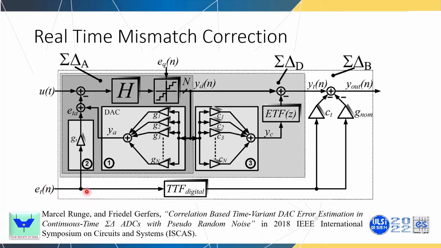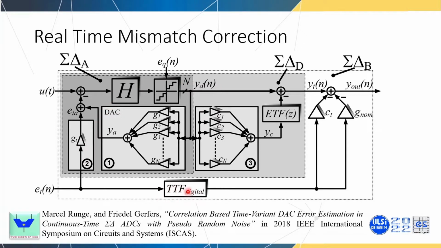be subject to a pseudo random noise that is going to be injected here and pass through the signal transfer function and the quantizer, the complete modulator transfer function, and eventually it is going to be estimated by a correlation function. So we have this error which is going to go through the STF, which is going to mirror the journey of the signal through this particular path.